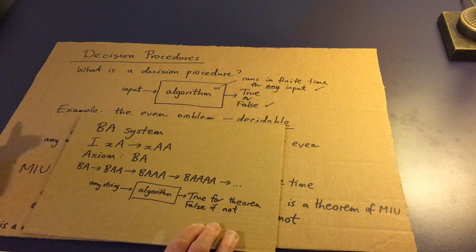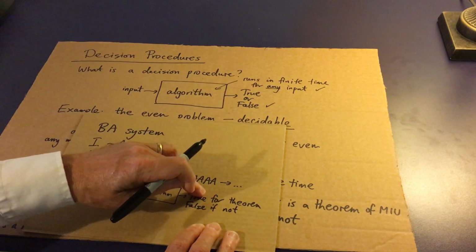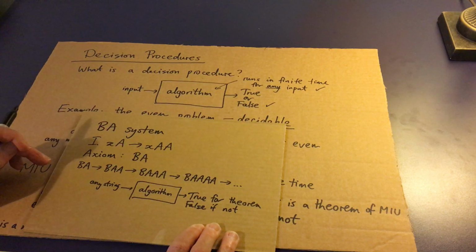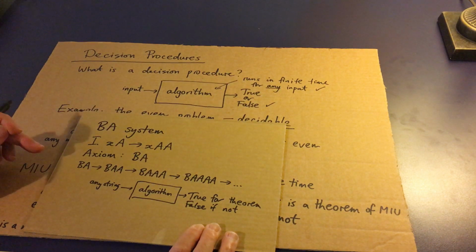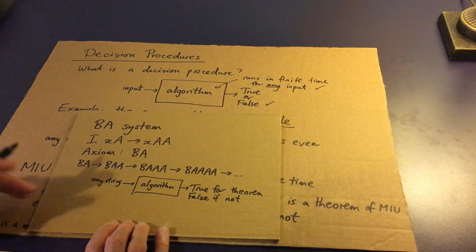So for example, if you put in the string BAAA into the algorithm, it returns true. But if you put in the string MIU, well, that's not a theorem in this, so that should output false. So the algorithm here is very simple.